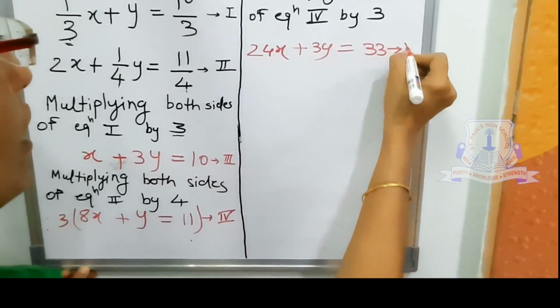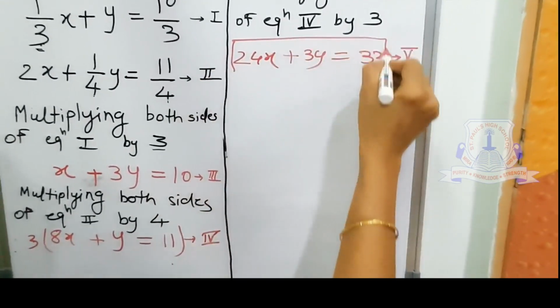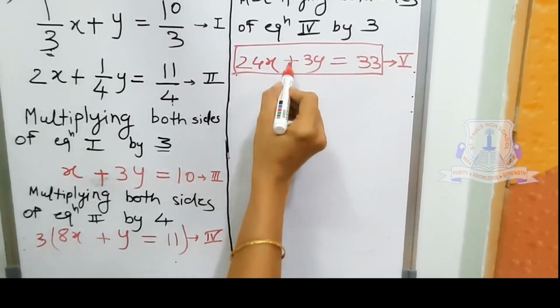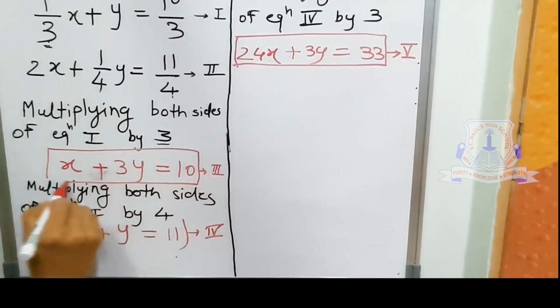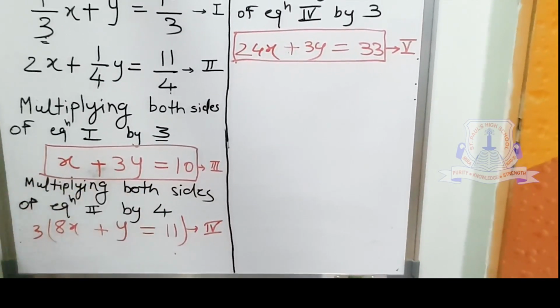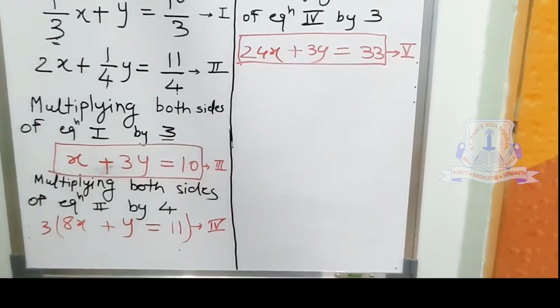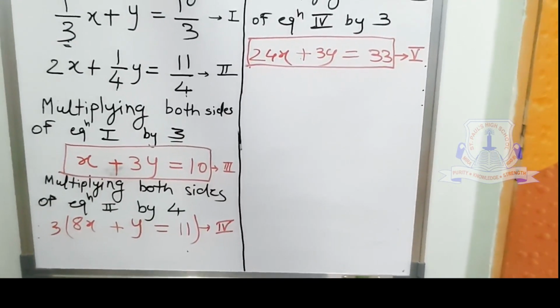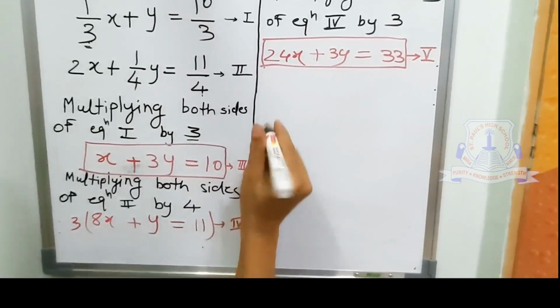This is equation number 5. Now this is the fifth equation which is having plus 3y, and this is the third equation which is having x plus 3y. So to eliminate 3y we need to subtract. So let us write subtracting equation 3 from equation 5.